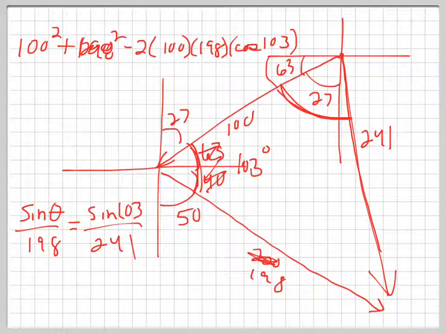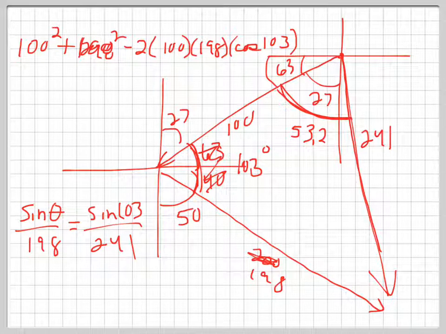So sine of 103 times 198 divided by 241, inverse sine. And I get this whole angle here is 53.2. Okay, so I probably should be a whole lot further over here than I drew it, but you let your math do the work.